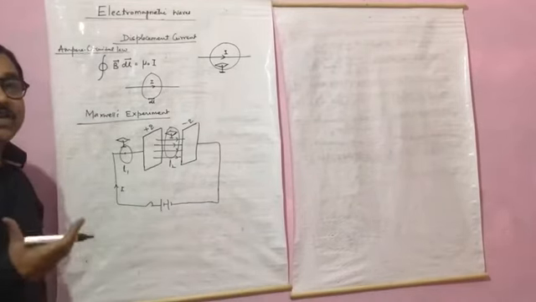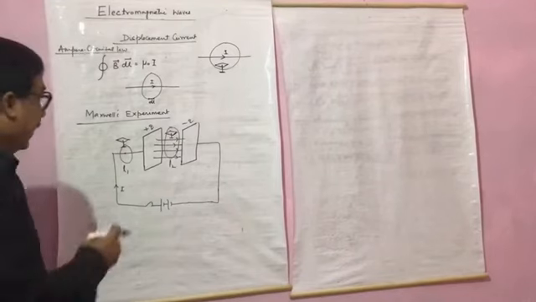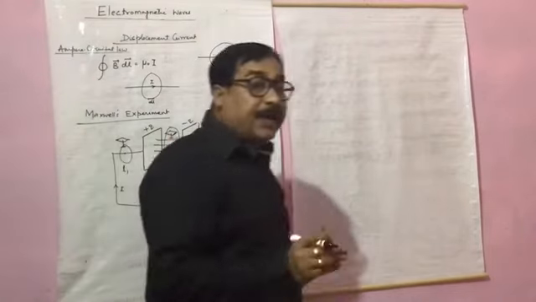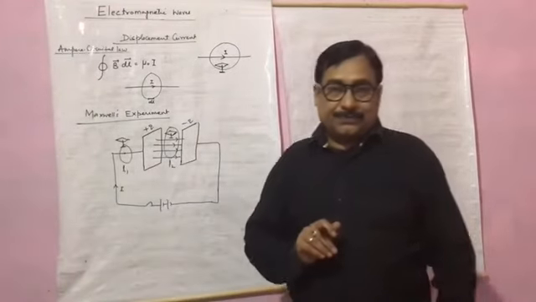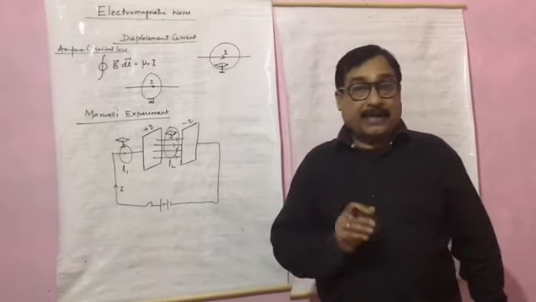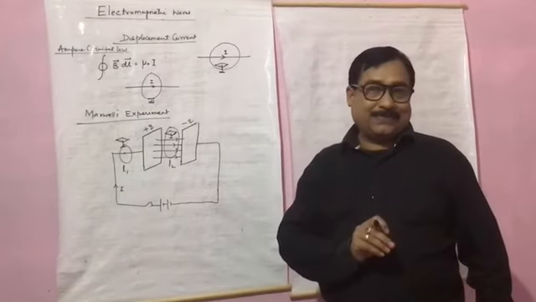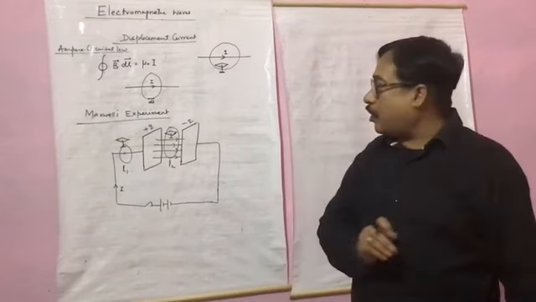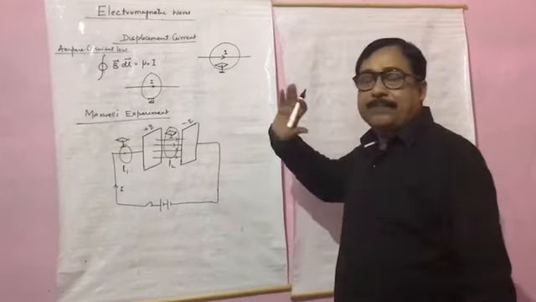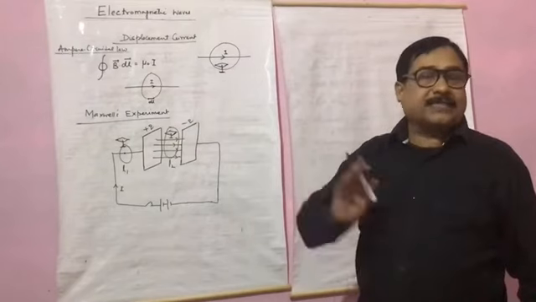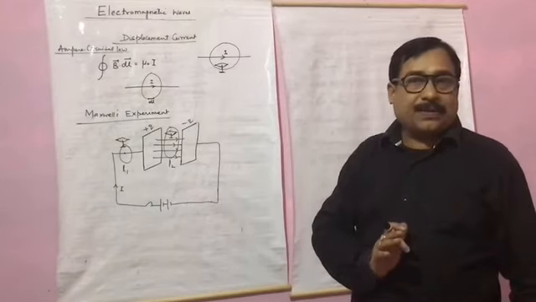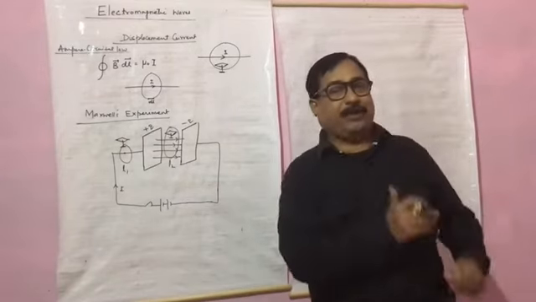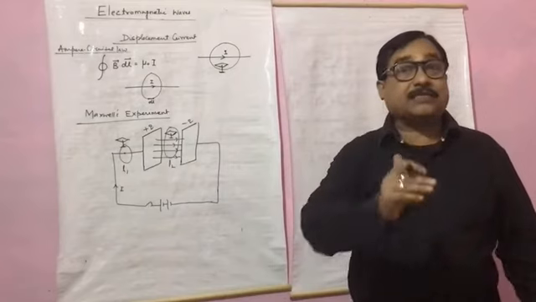So there is a change in the electric field, and because of that change, he said there is a current that is not conduction current, not a current flowing through a conductor, but is because of the displacement of the charge, we can say. So this current arises due to a changing electric field. He gave it the name displacement current.